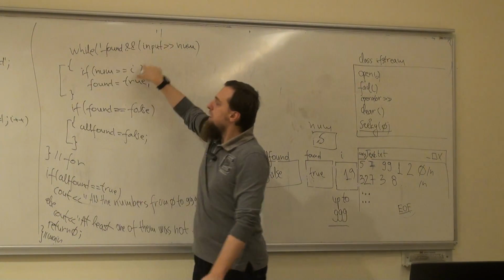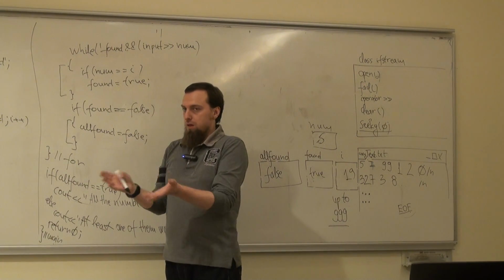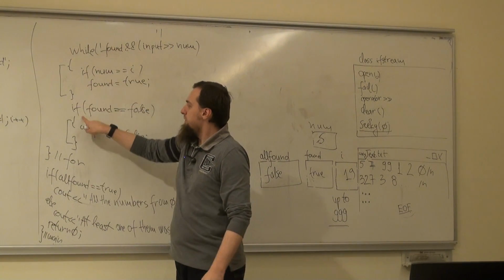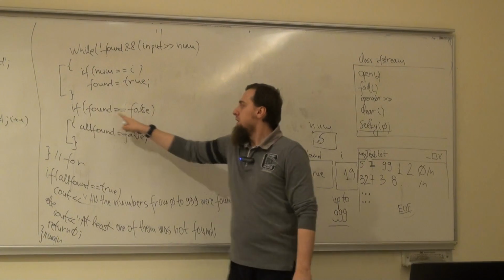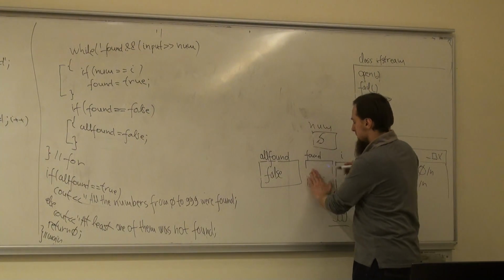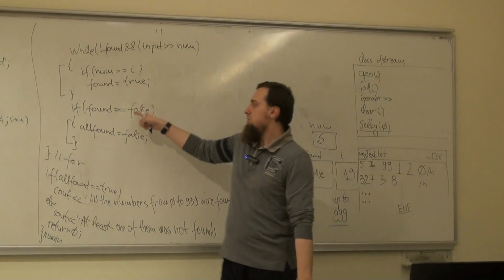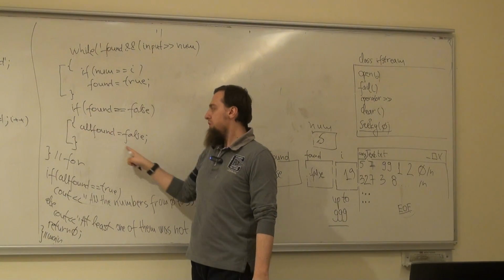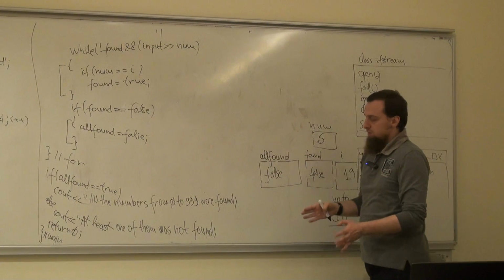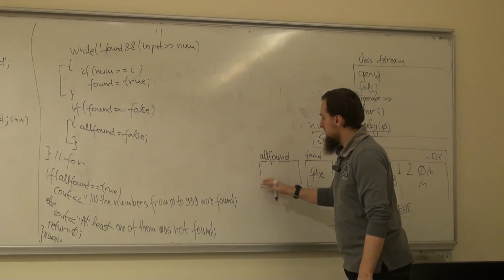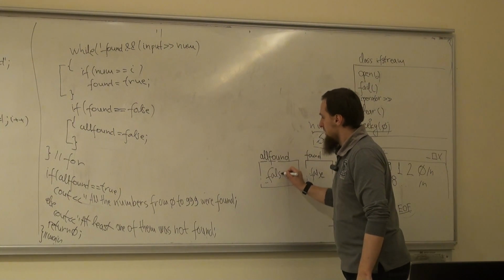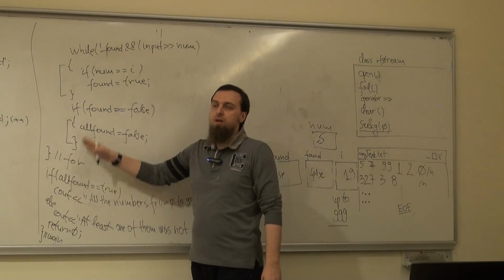And the while loop will stop here. I cannot execute it anymore. I come here and ask, did I find 19? No. If I didn't find 19, then found is equal to false. This is going to be false. And this is it. Even I can stop the for loop.